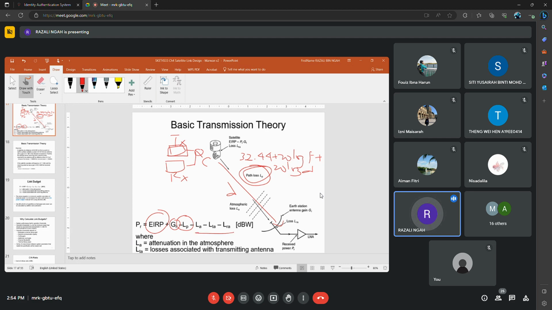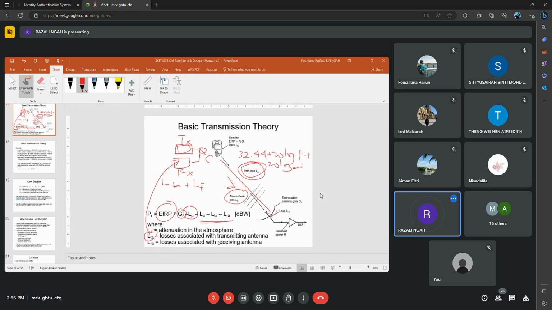And then the rest are other losses, for example, atmospheric loss. LTA is the losses associated with the transmitting antenna, either branching loss or feeder loss.